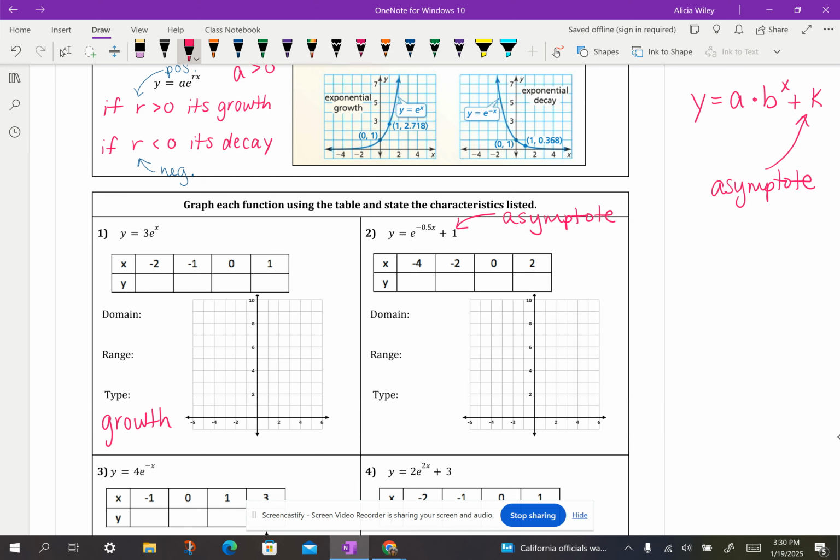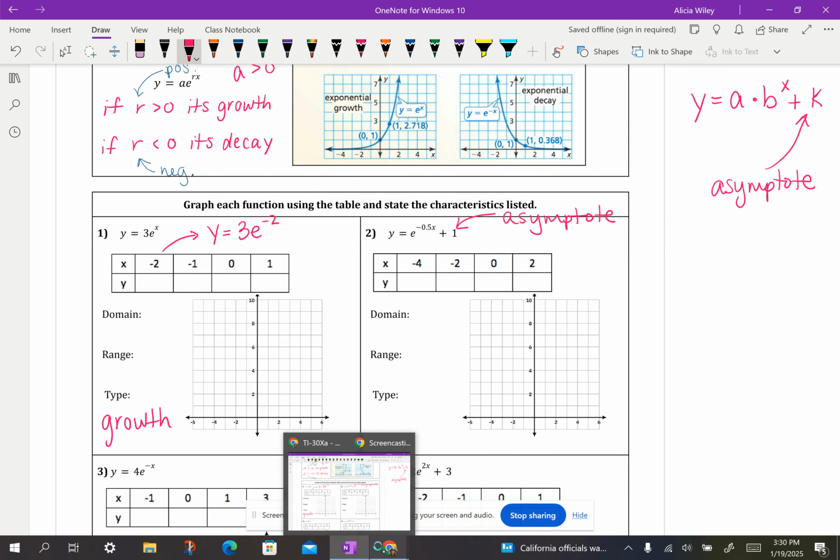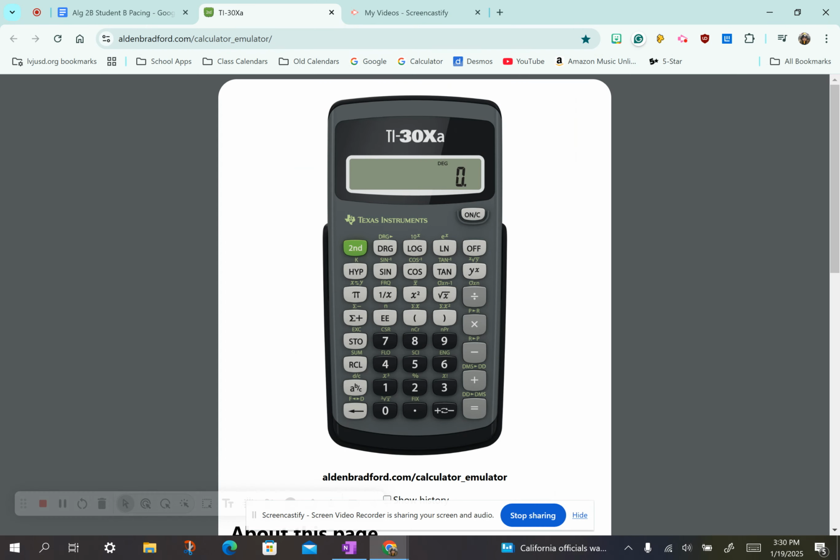Next thing I'm going to do is put this into the calculator. I'm going to show you how to put y equals 3e to the negative 2 in the calculator that we use in class. So let me switch over to that here. The way that you do this is you are going to put your exponent in first, so an exponent of negative 2. You press 2, switch it to negative. There's your exponent.